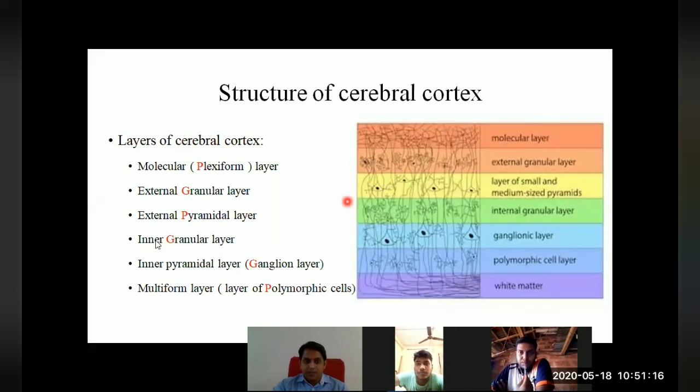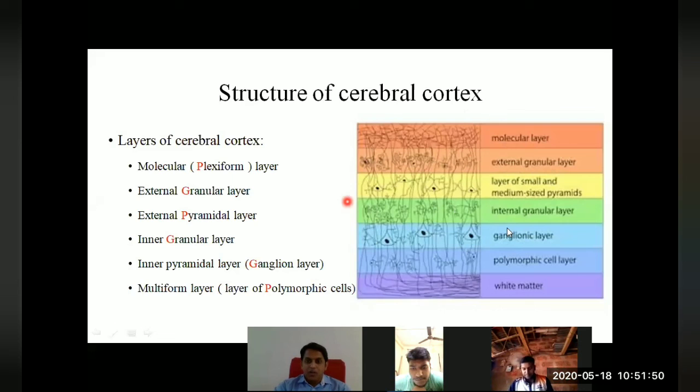The next layer is the inner granular layer. Again, the stellate cells are located here, but they are closely packed. An important point to note in layer number 4 is that the white fibers are arranged horizontally and produce a stria. They are mostly present along the visual cortex, which is also called the striate cortex because it grossly appears striated due to the white fibers running horizontally.